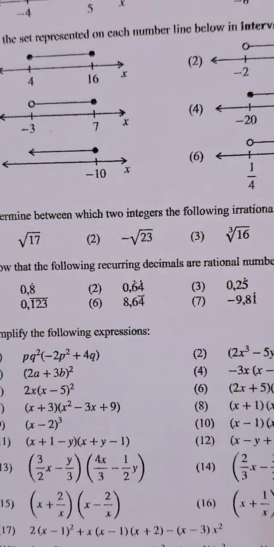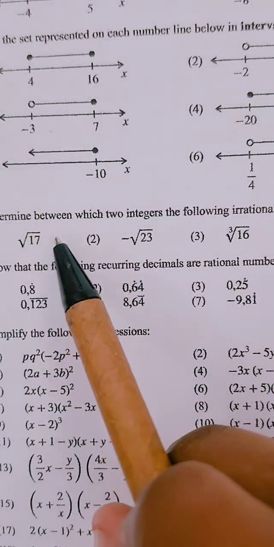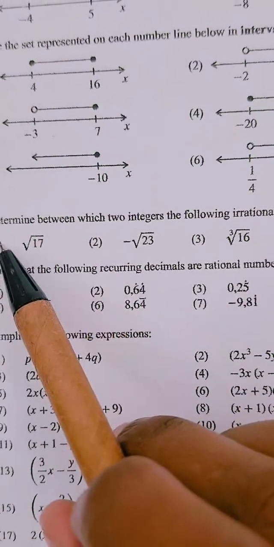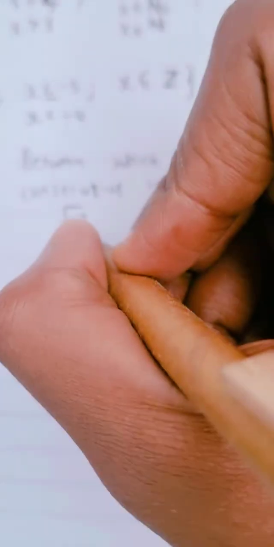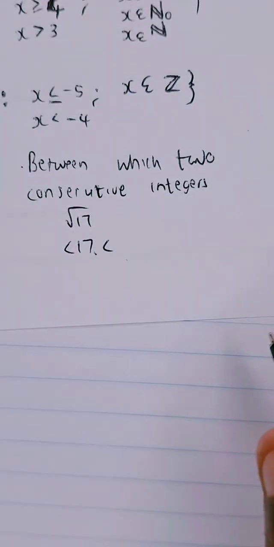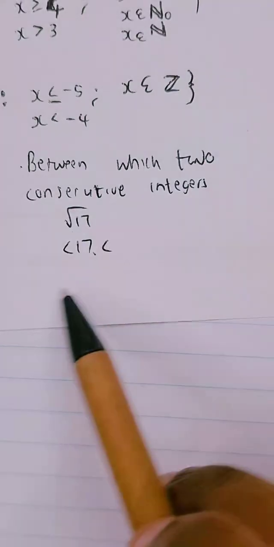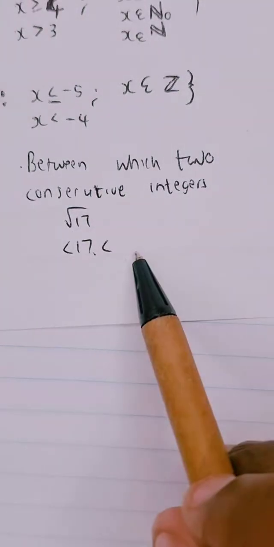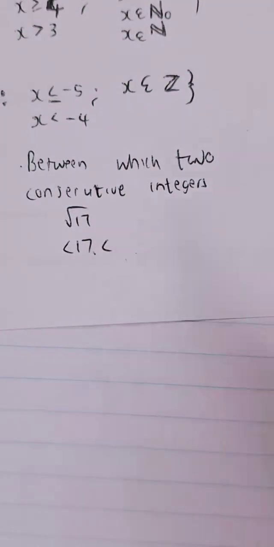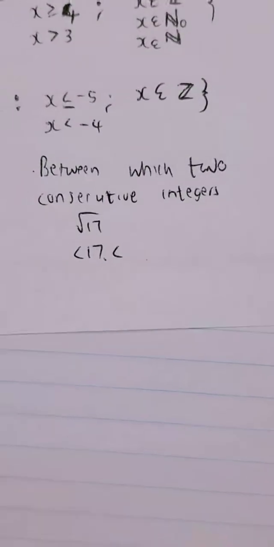Okay, square root of 17. So obviously we're going to look for perfect squares on either side, right? We look for a perfect square number smaller than 17 and a perfect square number that is greater than 17. Perfect square numbers are numbers that are formed by multiplying a natural number by itself.